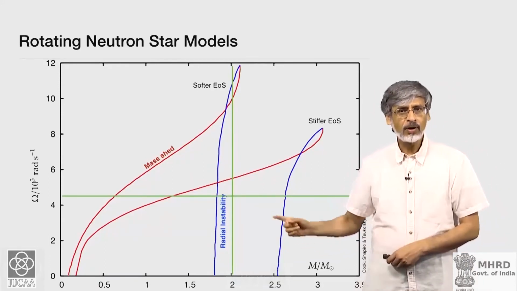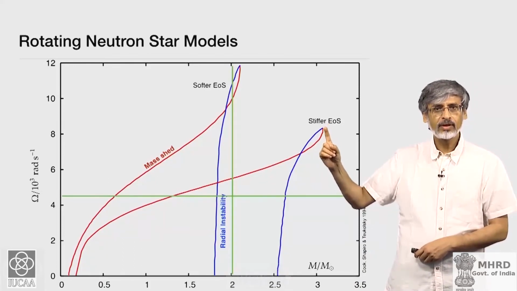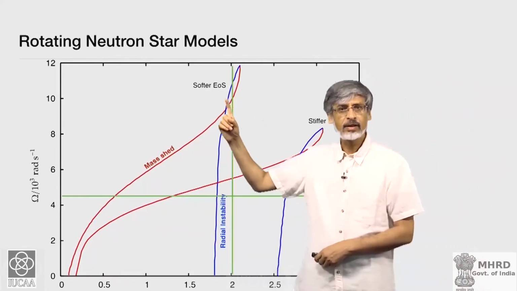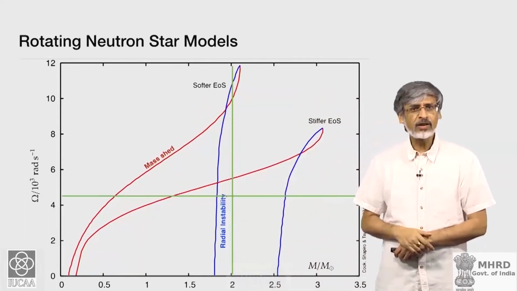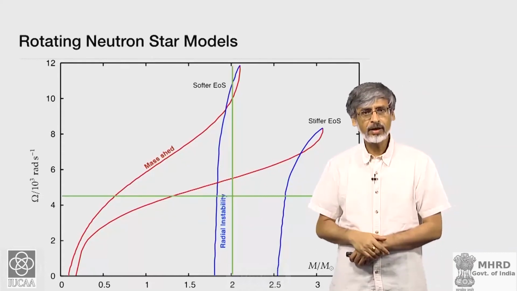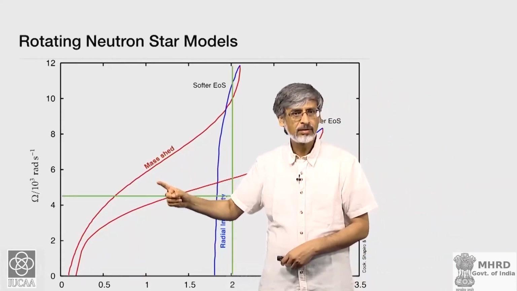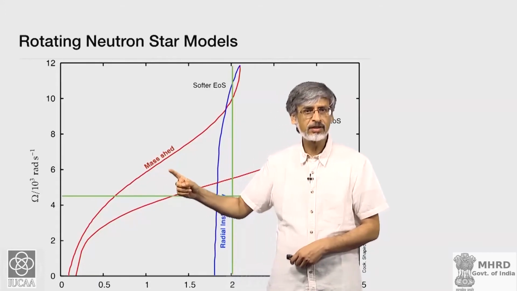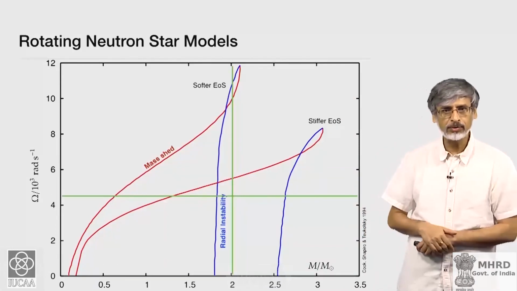Typically, for a given equation of state, let us say I take one equation of state here, depending on the angular velocity, the mass radius relation will depend on the distribution of angular momentum through the star.